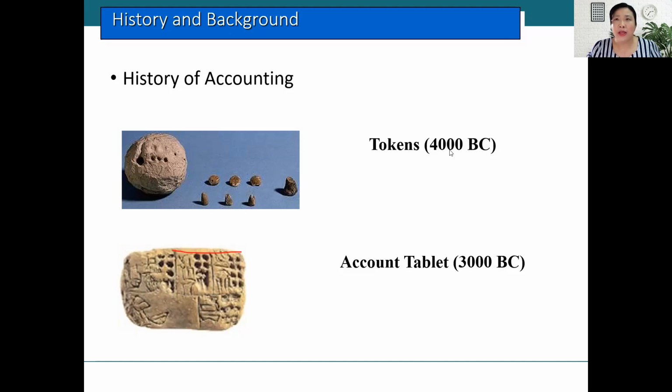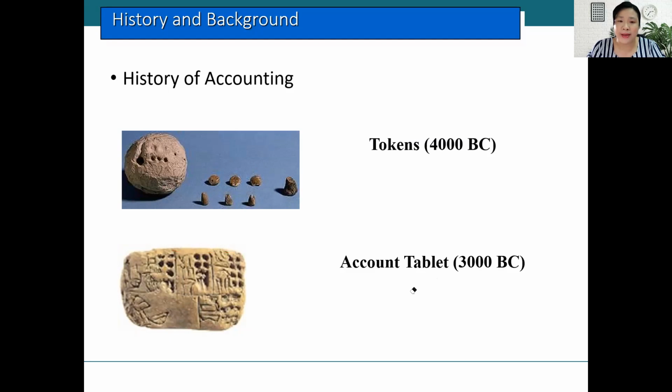So people in history used tokens to record the ships or cows that they exchanged with each other. And then about 1,000 years later, people recorded accounting transactions in the account tablet.